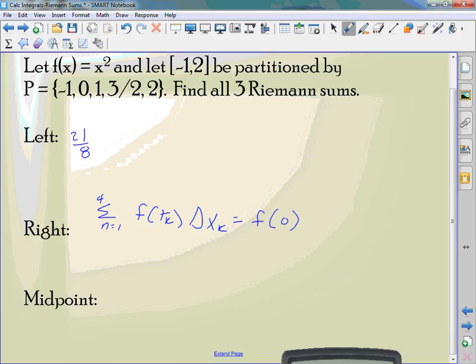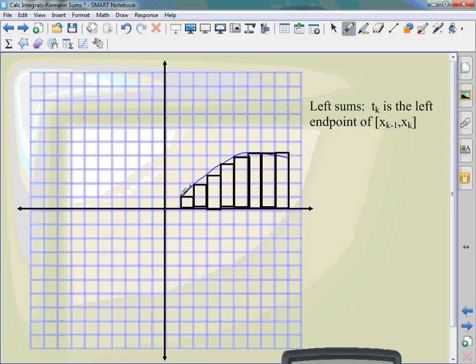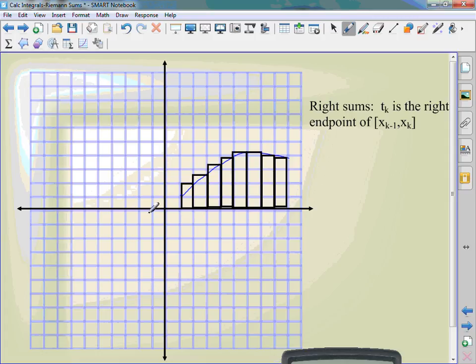0 on this one. Because if we go back to the right sums, this is your -1 right here, right? On the left sum, you use -1, you use 0, you use the 1, the 3/2, and the 2, right? But for the right sum, do I use the -1?